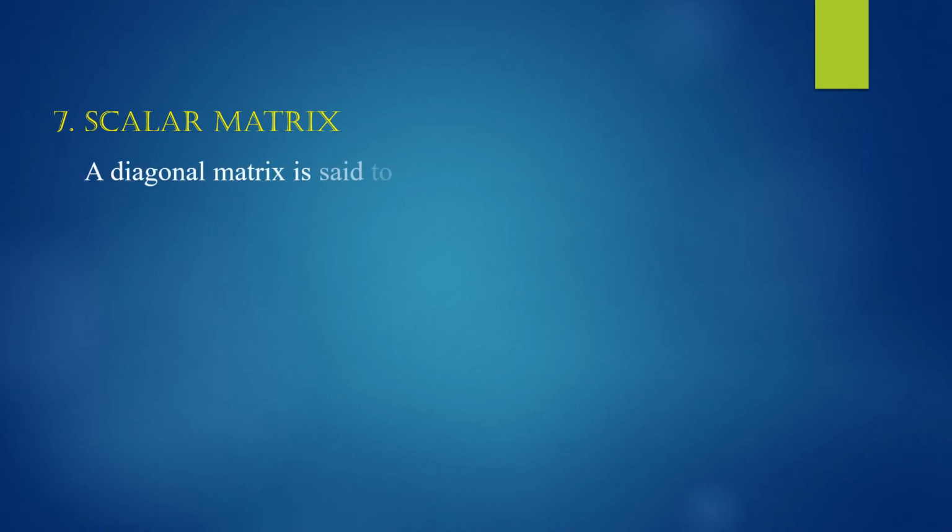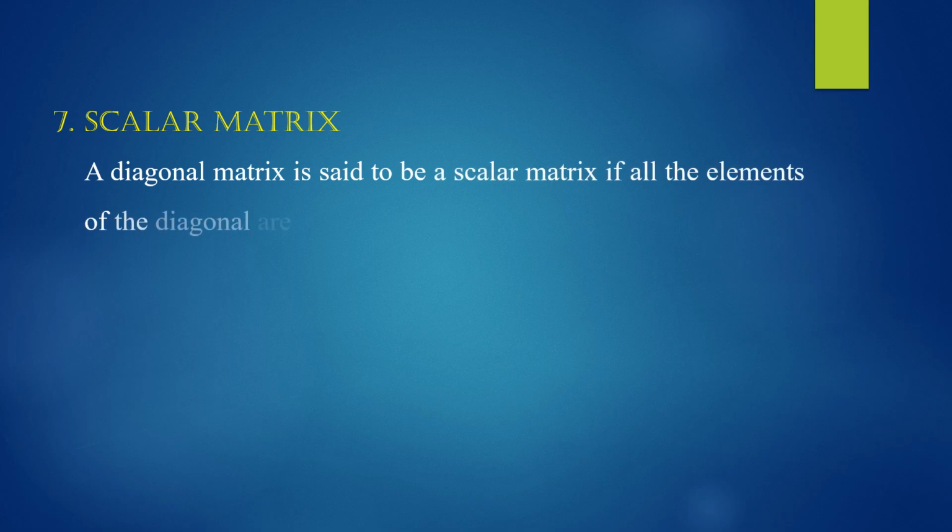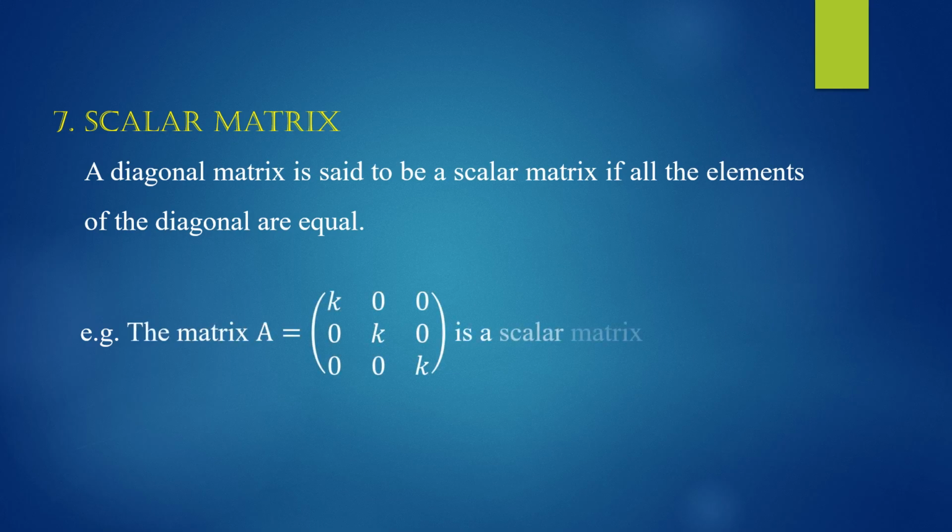A diagonal matrix is said to be a scalar matrix if all the elements of the diagonal are equal. Okay, so let me take one simple example. For example, the matrix A is equal to this, a 3 by 3 square matrix, and these are the diagonal elements. All are equal, k k k, so it is a scalar matrix of order 3. Is that clear? Okay, so come to the next one.